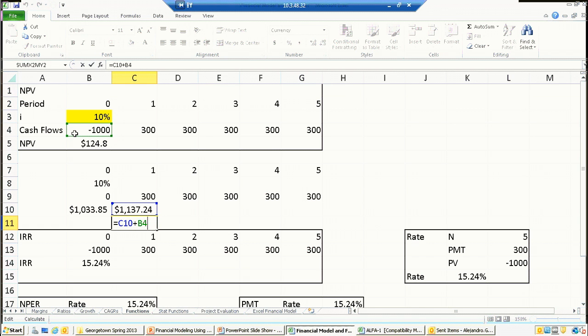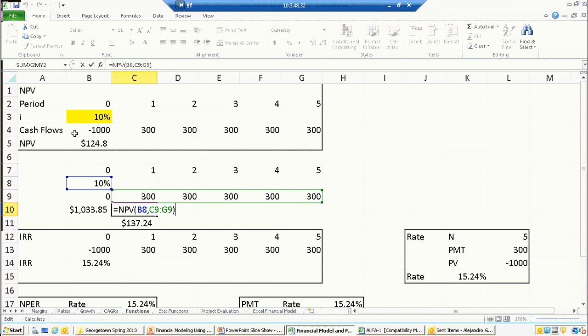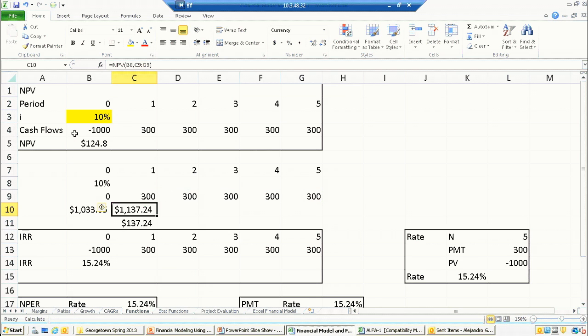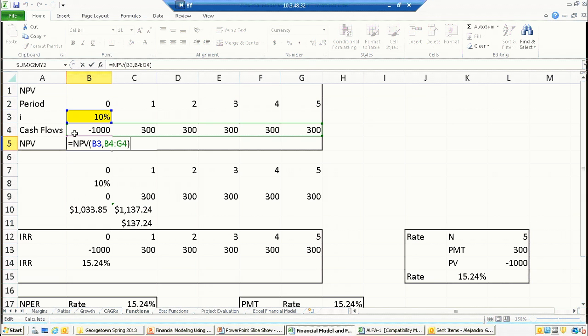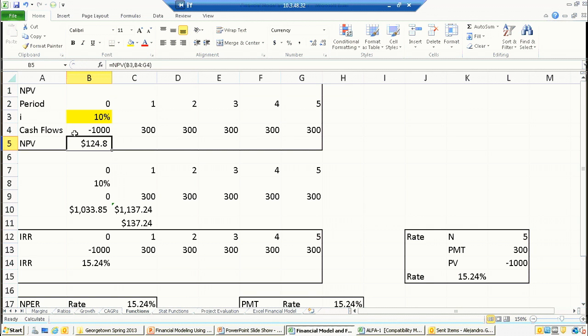Yeah, no, you get 137 if you're not discounting the first cash flow. So in this case, you're getting 124 because you're discounting 1,000 for the first year. Okay, so you have a negative number that is discounted for the first period, and that is contributing to the cash flows. In this case, you're not discounting the 1,000. That's where you're getting a slightly higher figure.